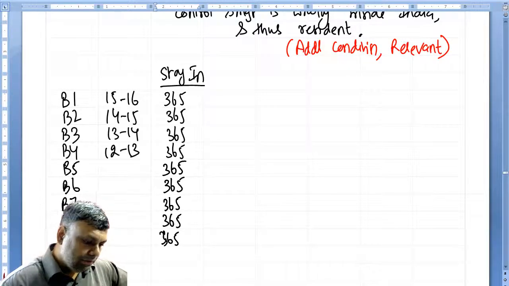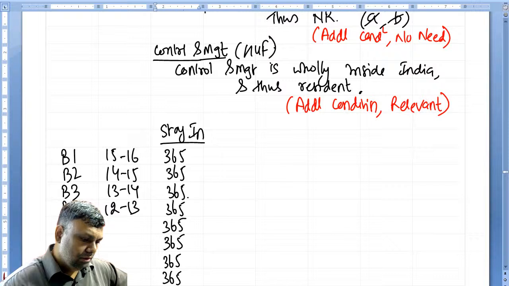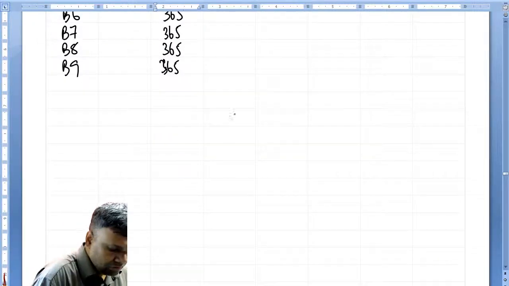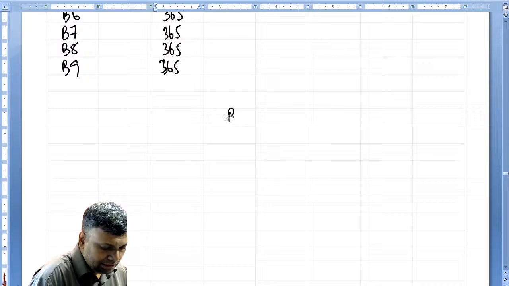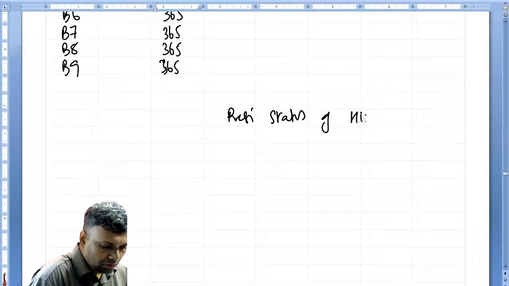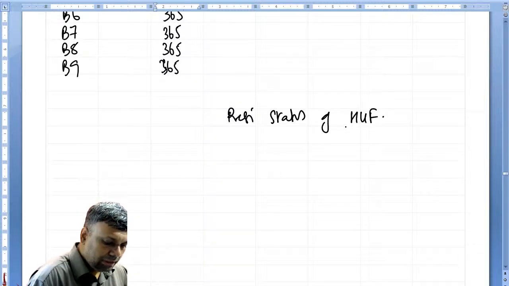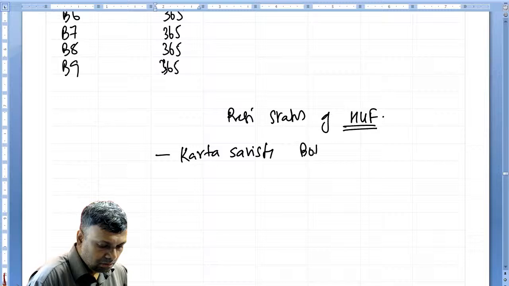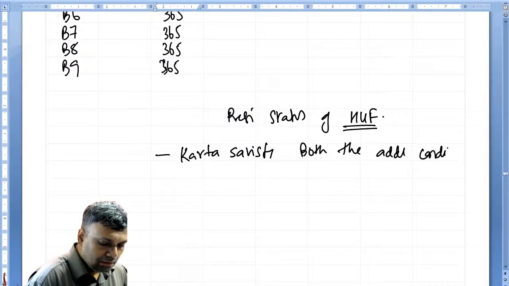Correct. So let us write that particular answer now. So residential status of HUF. Particularly I am writing HUF. Okay. Karta satisfies both the additional conditions.